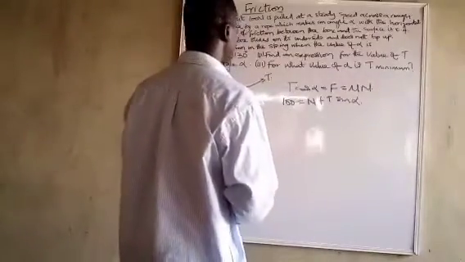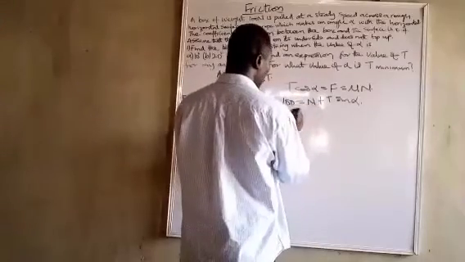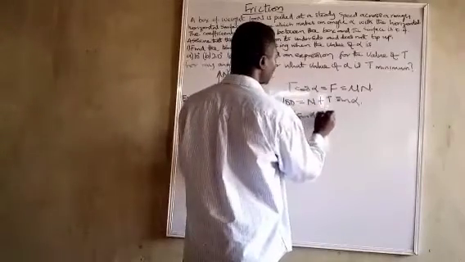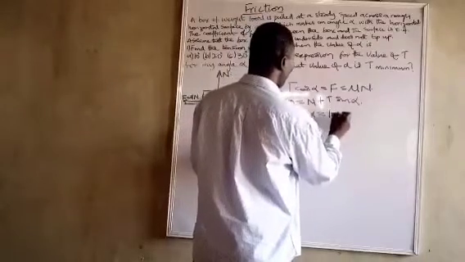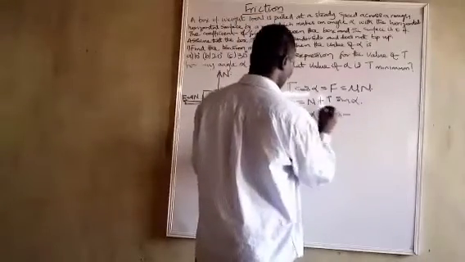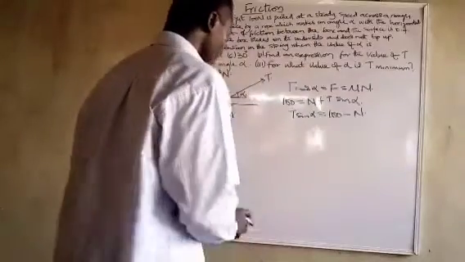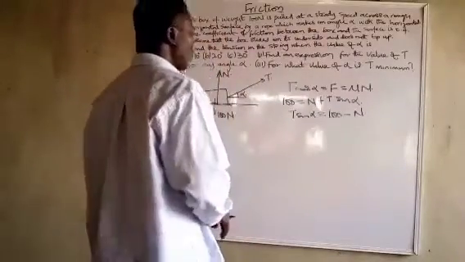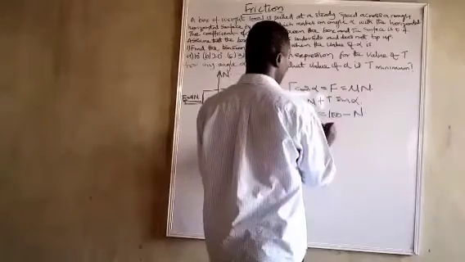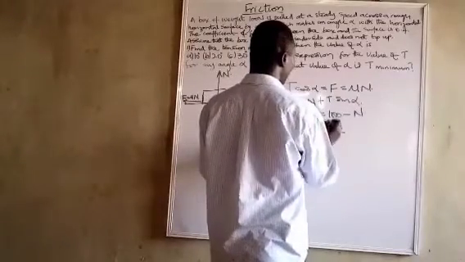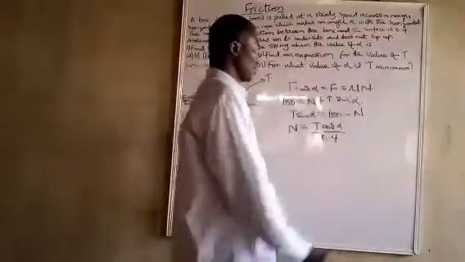Since we are trying to find the value of T, T sine alpha will be equal to 100 minus N. And we know what our N is. N is T cos alpha divided by 0.4.